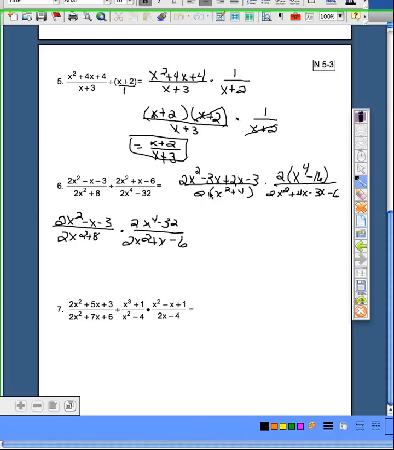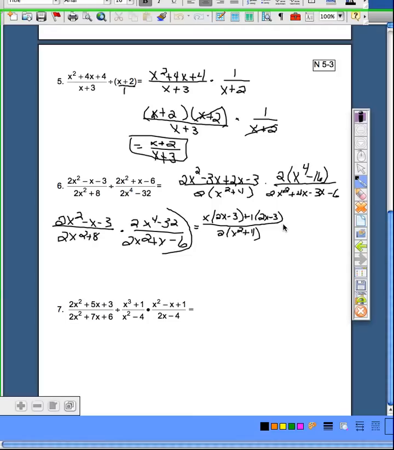Then we group the first two here and we factor out an x, and that leaves us with 2x minus 3. In the second group, there's nothing we can factor out, so we put a 1 there. And we can't do any more with that denominator, so we leave it.